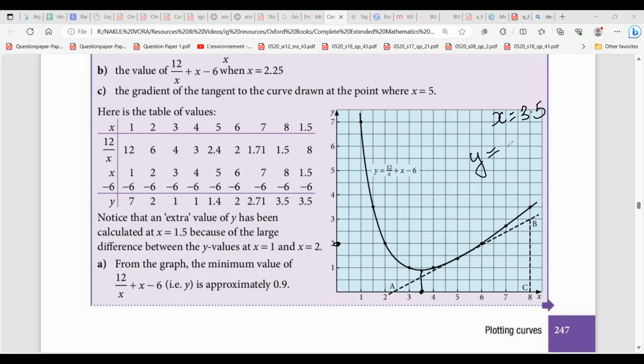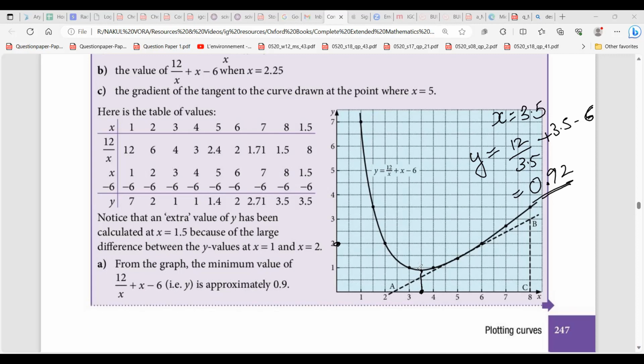So just substitute x is equal to 3.5. 12 divided by 3.5 plus 3.5 minus 6. What is the answer? 0.92.